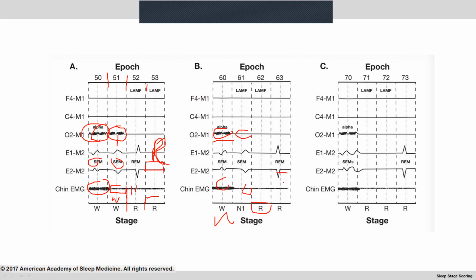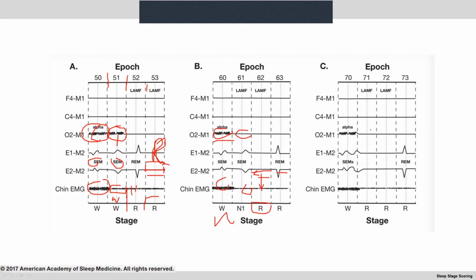In the following epoch, if there are no other distinguished features which distinguish the stages, then you have to also mark that one as R. Here this is the preceding stage and this is the following stage. So in both cases, you have to mark stage R.